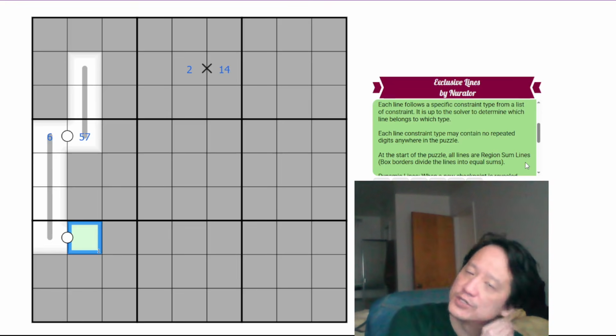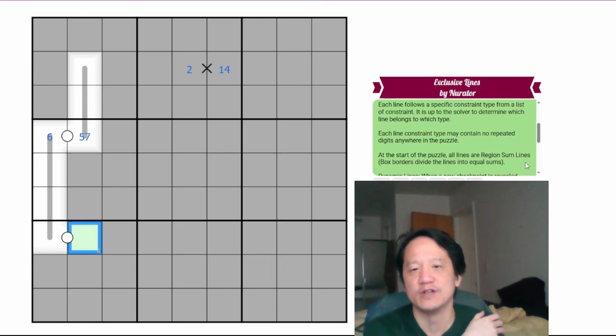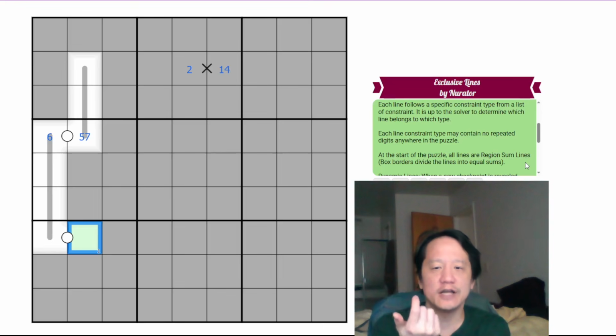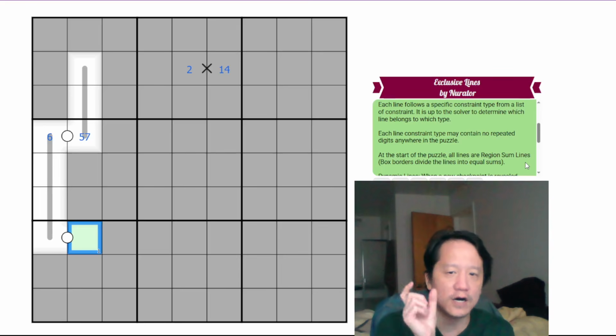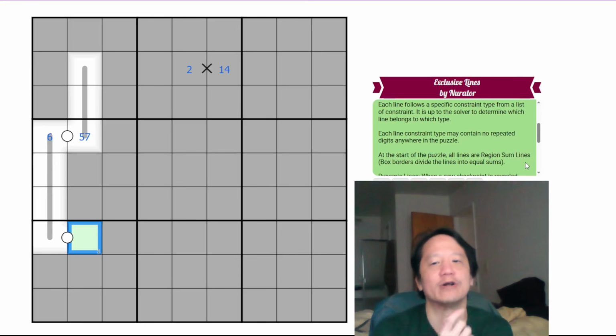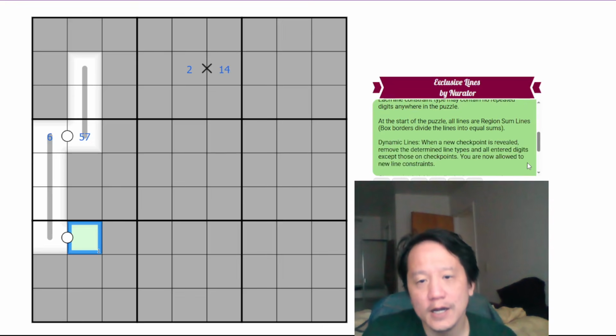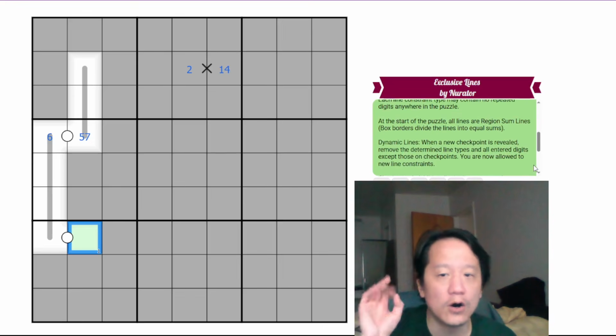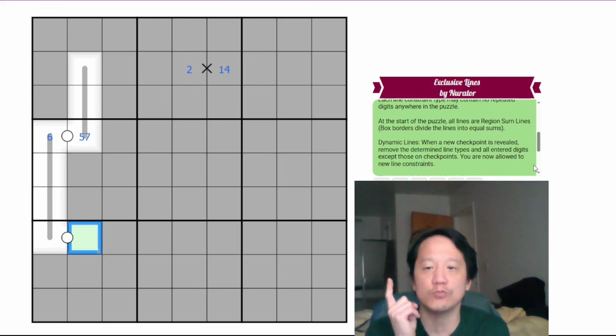So this is the exclusive part of the exclusive lines. Each line constraint type, you can't have repeats of those digits on that constraint type anywhere in the puzzle. At the start of the puzzle, all lines are region sum lines.